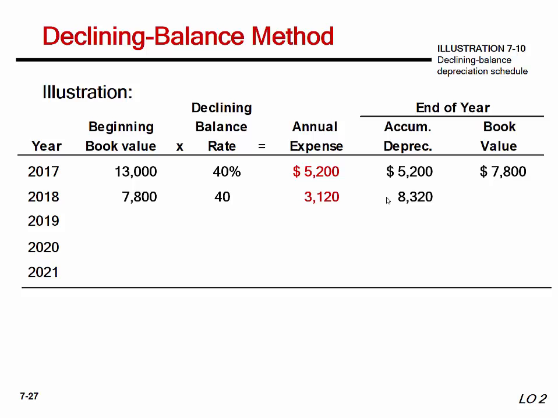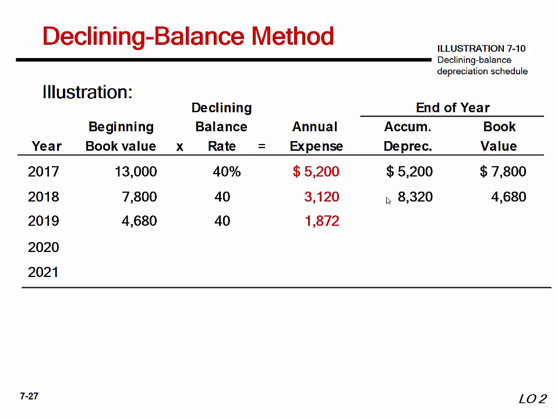Historical cost, $13,000 minus accumulated depreciation, $8,320, equals a remaining book value of $4,680. Again, take that number right there, roll it to the beginning for the next year. Multiply it times 0.4, which is double our straight line rate. We get our depreciation expense number.